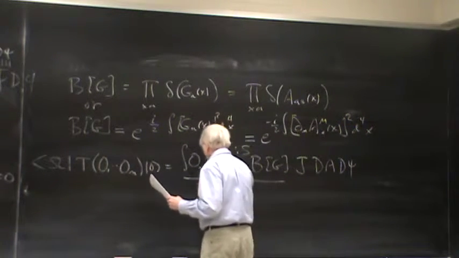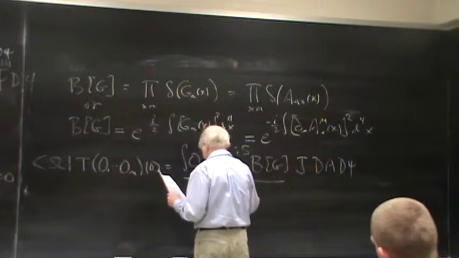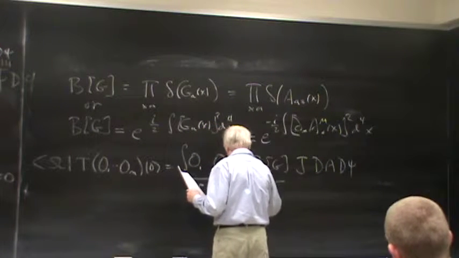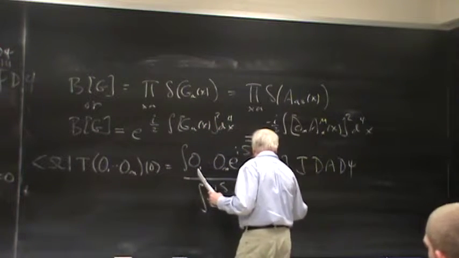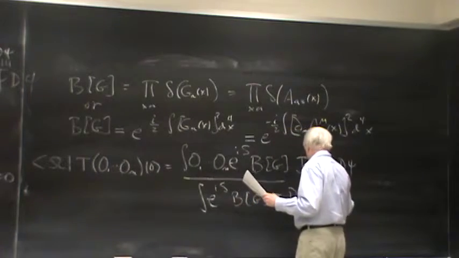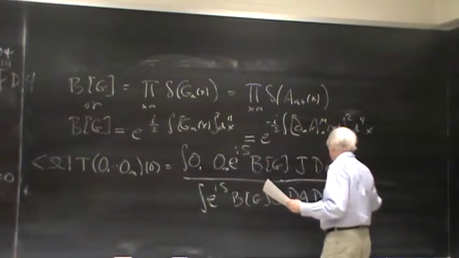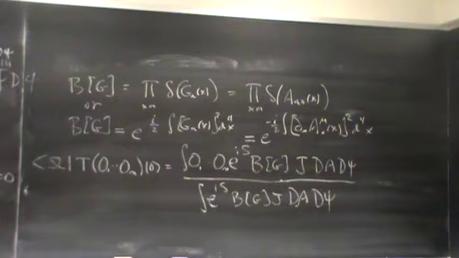And we divide, of course, by the integral of e to the i S, B of G, J dA. Okay, that's the sort of thing that we want to understand, and we want to be able to eventually turn this into Feynman diagrams.